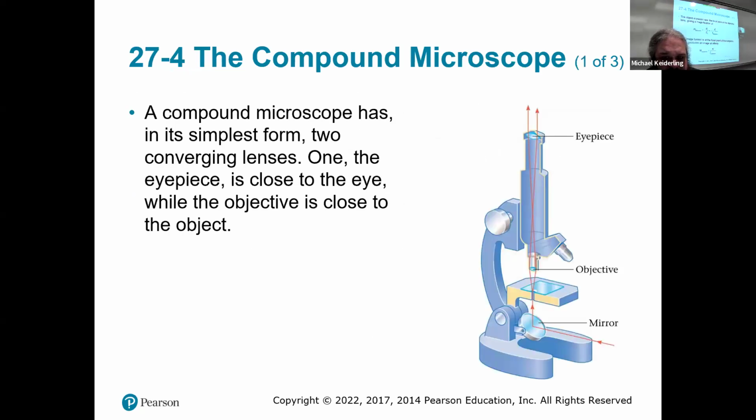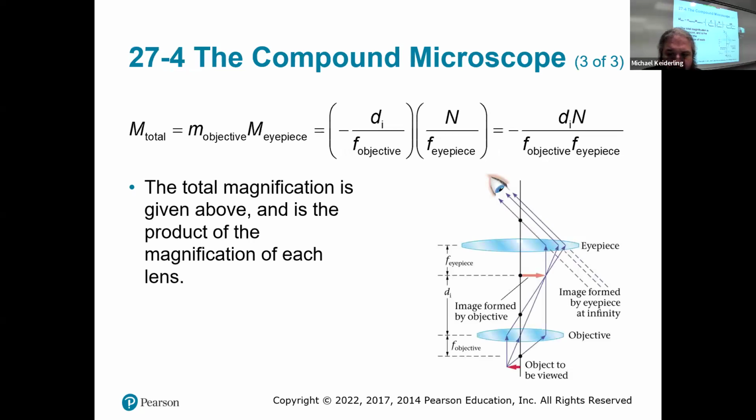So the object here is the image formed by the objective. That is the length of the microscope minus the focal length of the eyepiece.